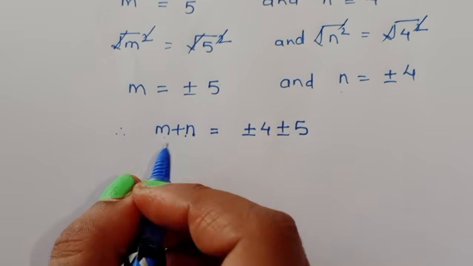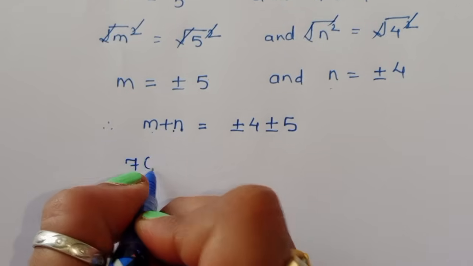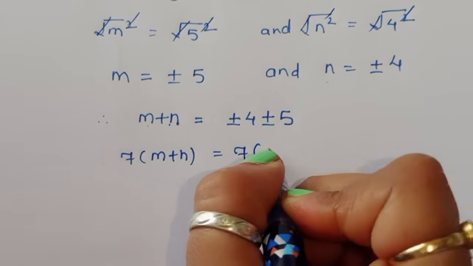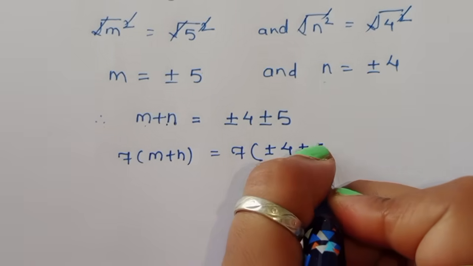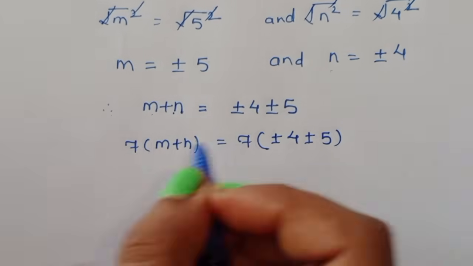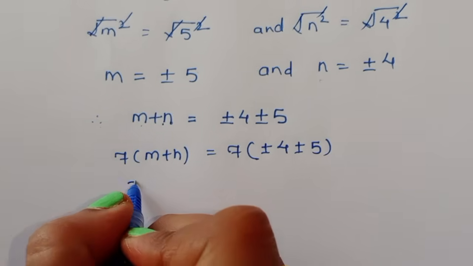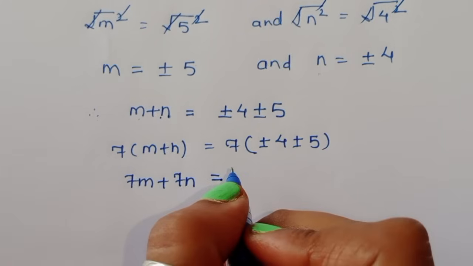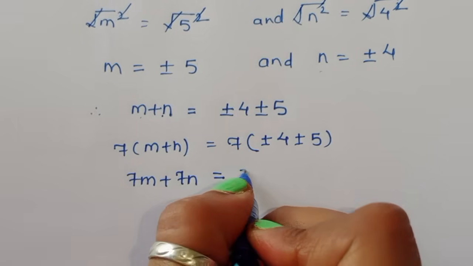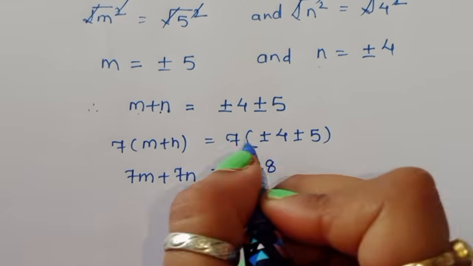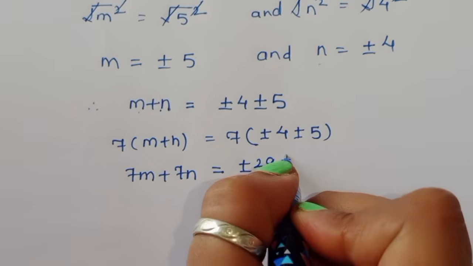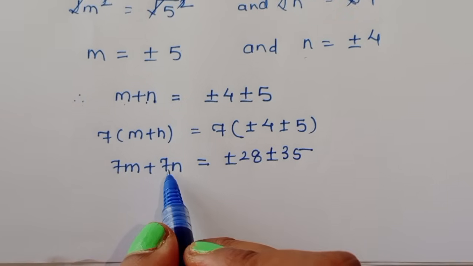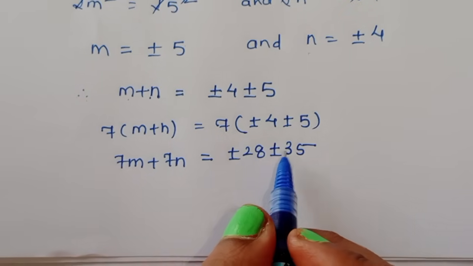Then we get 7 times (m plus n) is equal to 7 times (plus minus 4 plus minus 5). So 7m plus 7n is equal to, 7 4s are 28, so plus minus 28, and 7 5s are 35, so plus minus 35.